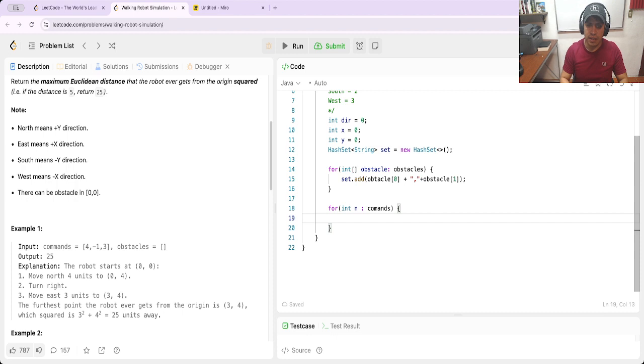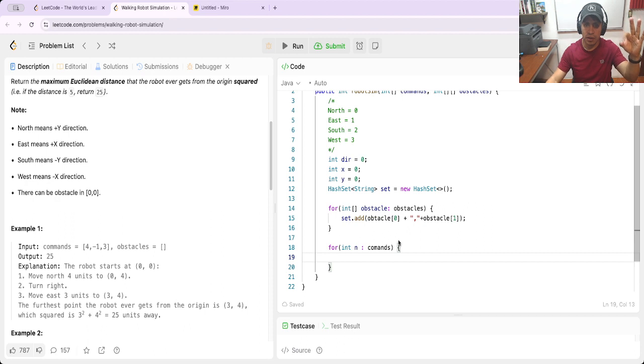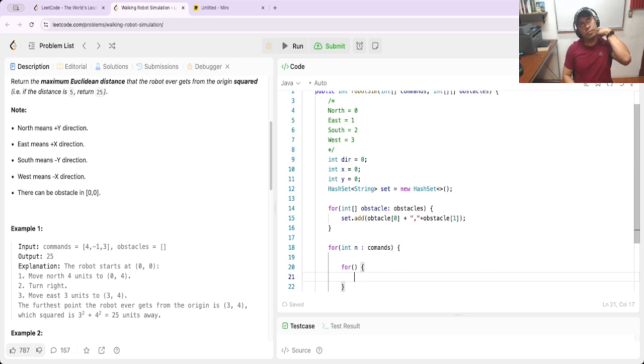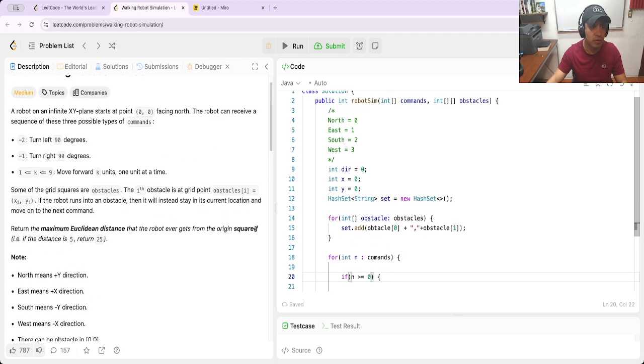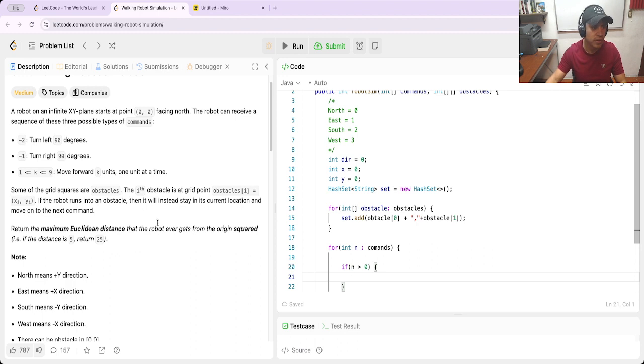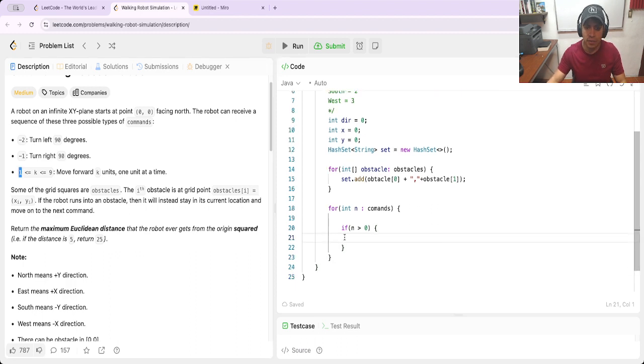And here basically is okay, you are looking in the north direction, that means 0. Okay, here we need to validate, only execute this code if n is greater equal than 0, greater than 0. Yeah, because with this we know that it's not a change of direction.